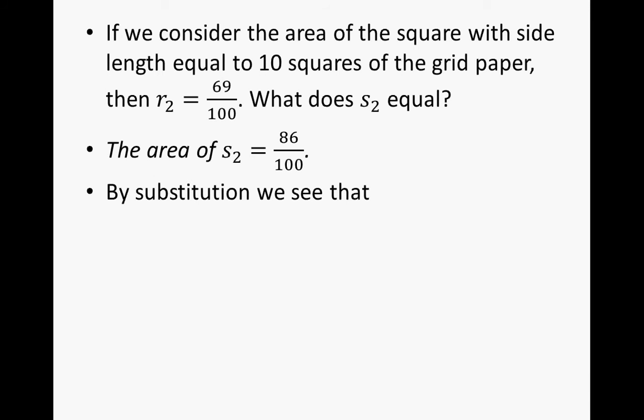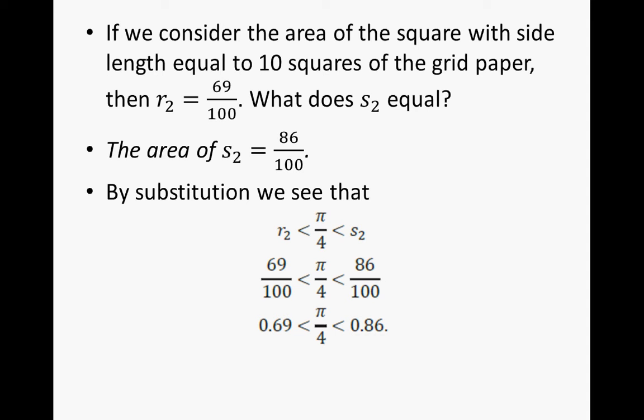So by substitution, we see that R sub 2 is less than pi divided by 4, which is less than S sub 2. Then 69 hundredths is less than pi over 4, and that should be less than 86 hundredths. So now we have 69 hundredths is less than pi divided by 4, and that is less than 86 hundredths.